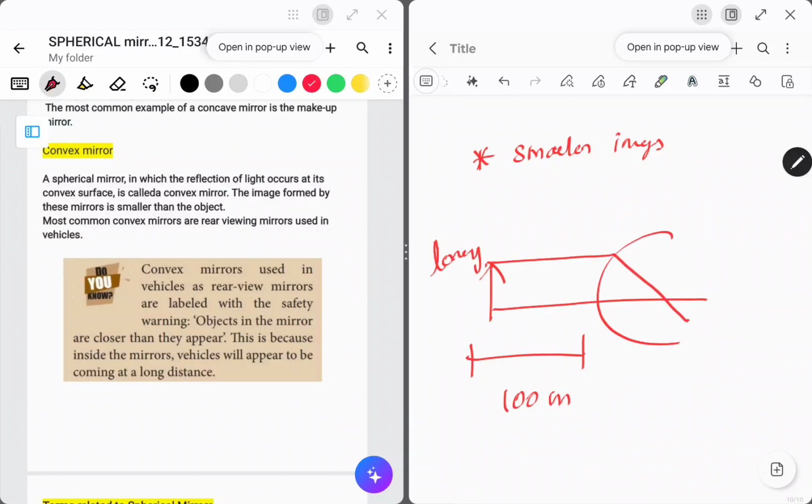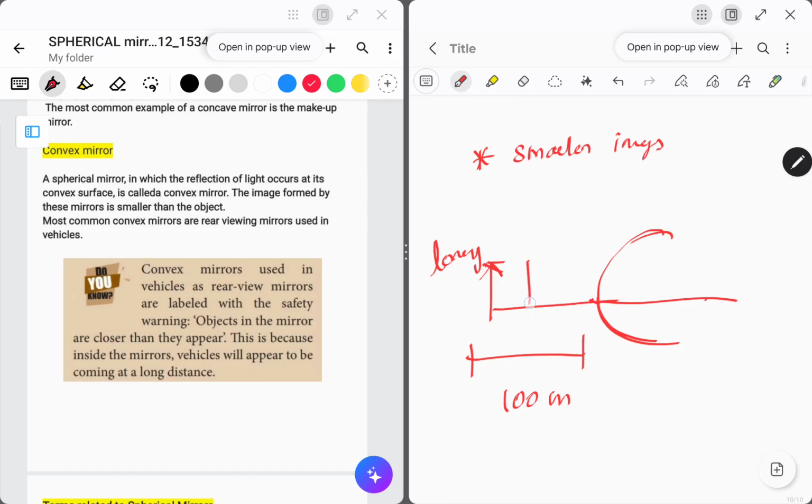Why, sir? Because we already know a convex mirror shows a very small image. So even that lorry will look very small in the mirror.